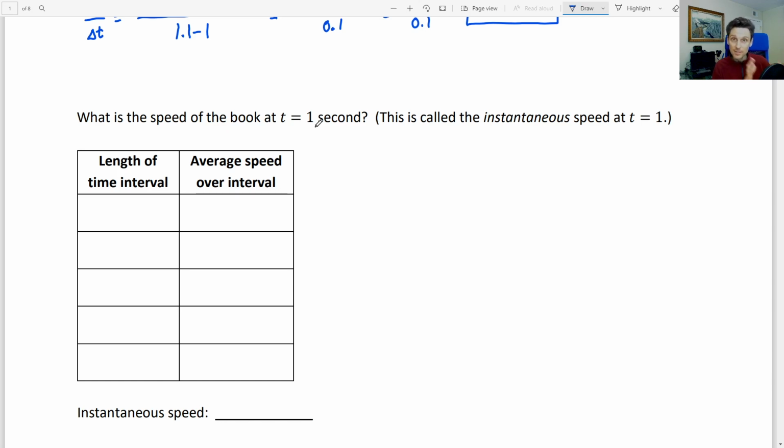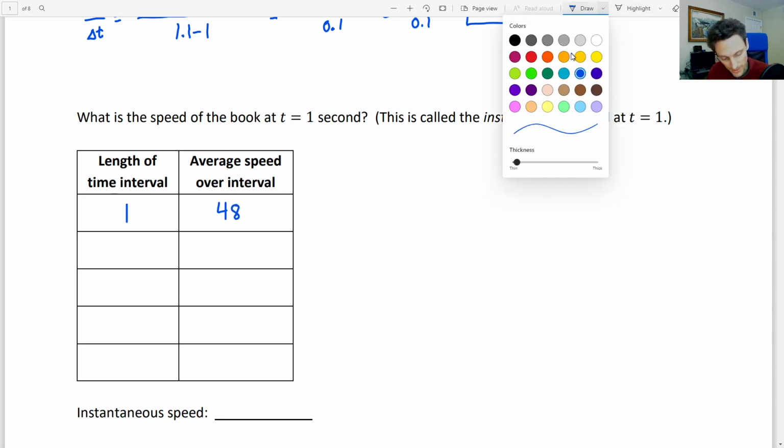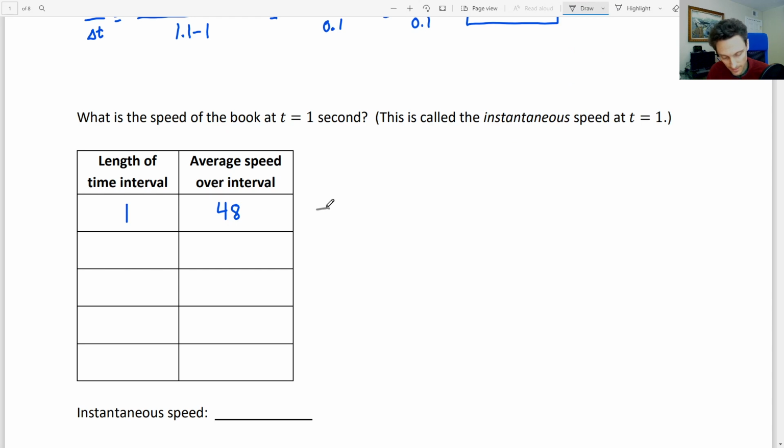And in fact, getting closer and closer to 1 so that your little time interval is shrinking, getting closer and closer to 0, so that it's almost like you have no time interval in the end. Well, we looked at what happened when the length of the time interval was 1 second, and we got an average speed of 48 feet per second. So this is when t went from 1 second to 2 seconds.